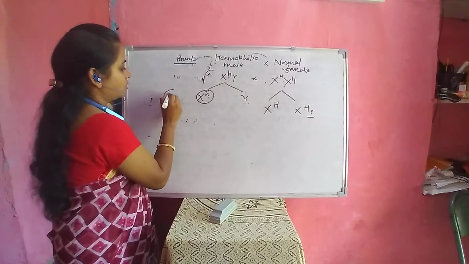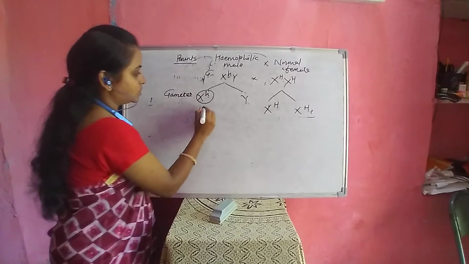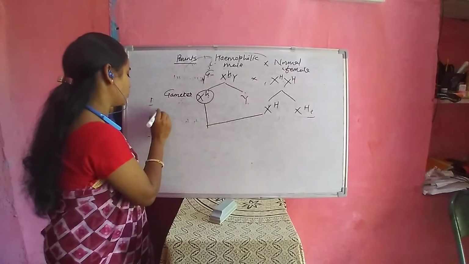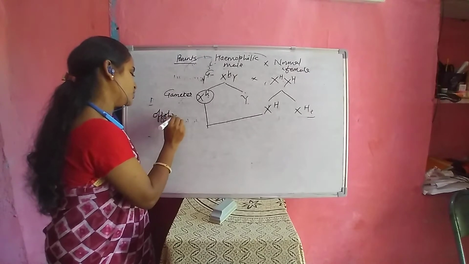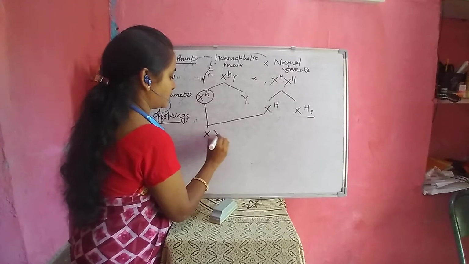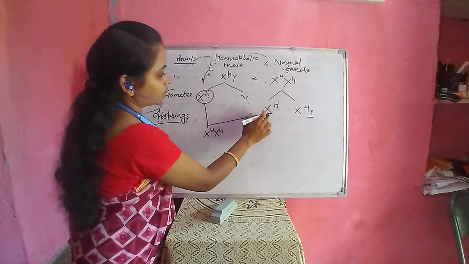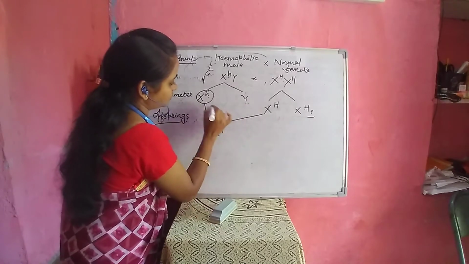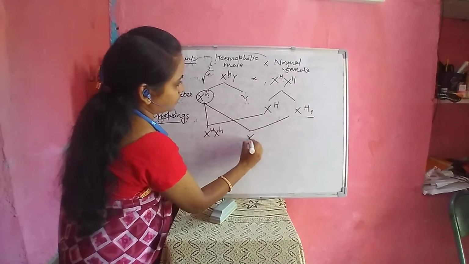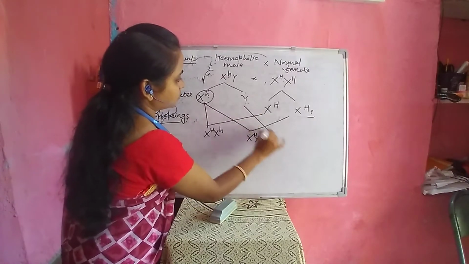These are the gametes. Now you can see here the crossing and the offspring. Which type of offspring do you see here? X, X, where one X has the dominant gene and the other X has the recessive gene. The second offspring is X, H, dominant and recessive gene.